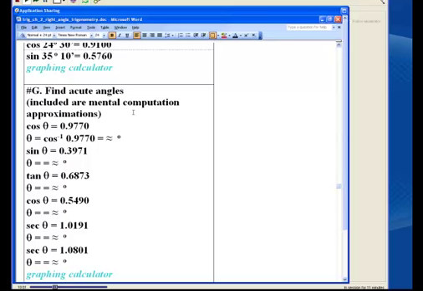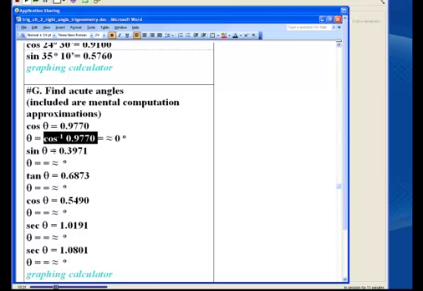That's a relatively large cosine, so it should be a relatively small angle, so roughly 0 degrees we will come up with. Sine 0.3971, well, it's going to be the inverse sine.